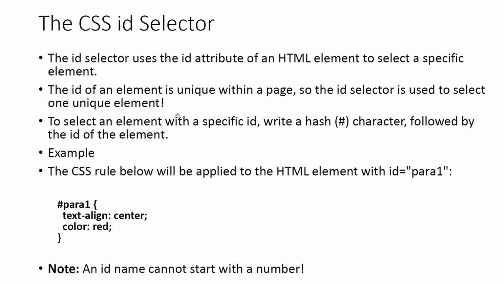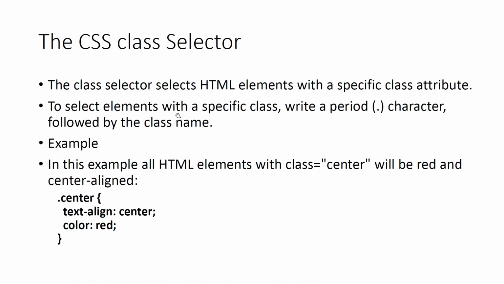Okay, then the next one is what we call the class selector. So we have looked at the element selector, we have looked at the ID selector, and now let's look at the class selector. Class selector also is almost the same as the ID selector. For the class selector, it needs an HTML element to have the class attribute. So the value of that class attribute is what we're going to use to select that particular HTML element to add the style on.